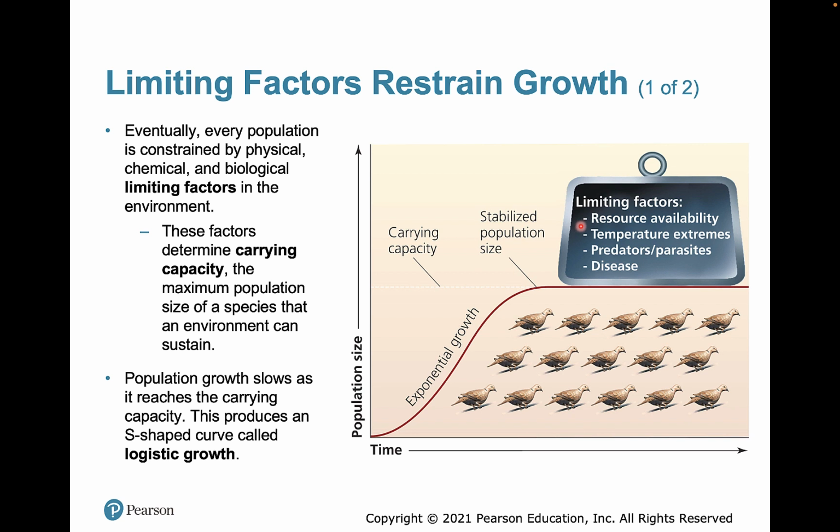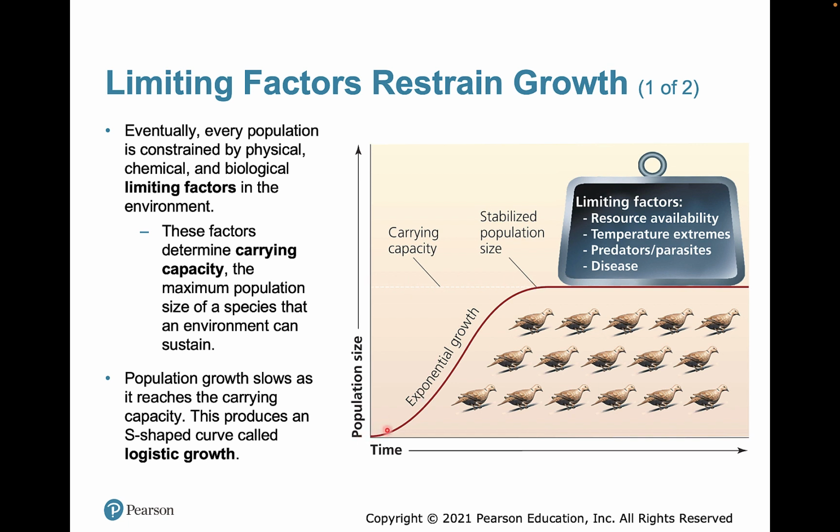Some of them are resource availability, temperature extremes, predators or parasites, disease, availability of mates, any one of those, okay? So these limiting factors determine something called the carrying capacity. You have to be able to tell me, it's another one of those foundational things, what the carrying capacity is. It's the maximum population size of a species that an environment can sustain, okay? And here's the carrying capacity.